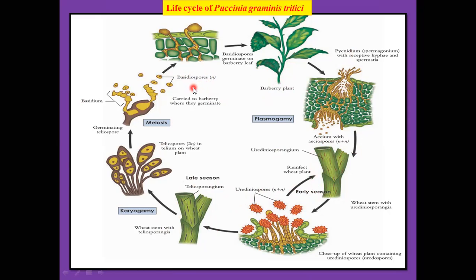Okay, this barberry plant is infected through these basidiospores, and the main wheat crop is infected by these aeciospores liberated from the barberry plant. So properly understand this life cycle of Puccinia graminis tritici.